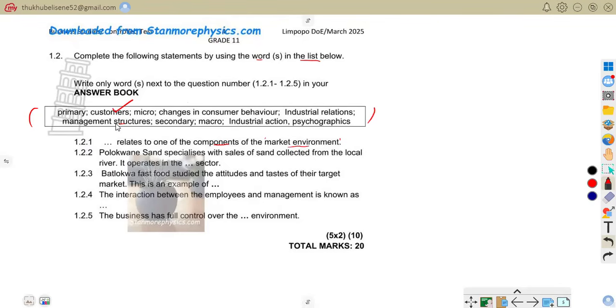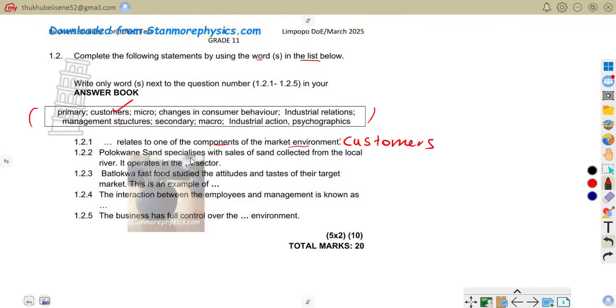We know that businesses have little control over the market environment. Like we are saying, customers is the correct answer. Business has little control over customers. They cannot control them, but they can influence them. So the component of the market environment there is customers.